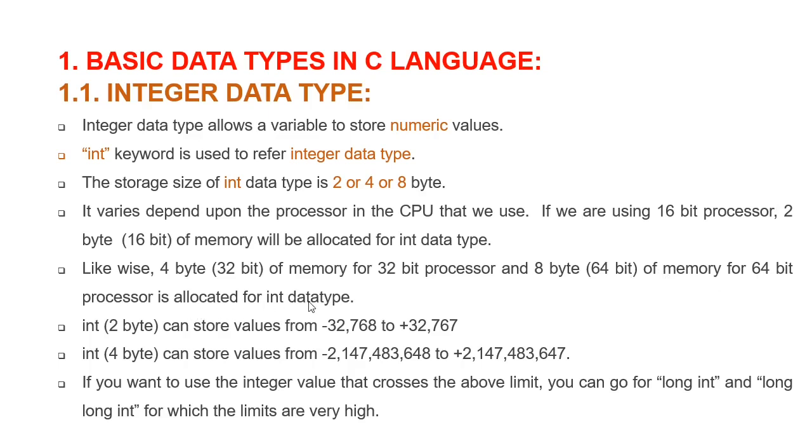For example, an integer of 2 bytes can store values from minus 32,768 to plus 32,767. As the bytes increase, the range of values will be more and more.